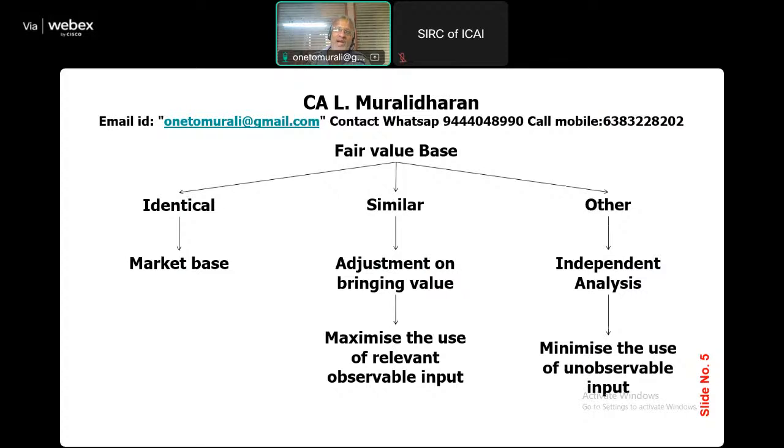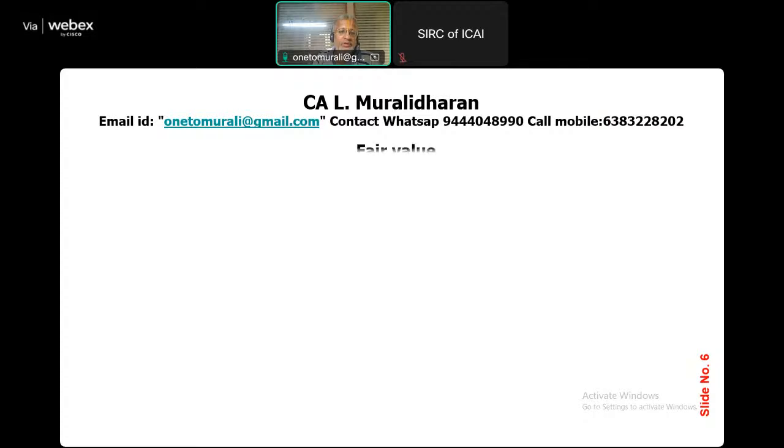Unobservable inputs are where I have to bring in some assumptions. It is not that they prohibit you from using them; they say minimize the use of unobservable input. So for identical, pick up from the market, or in the case of similar, make those changes and try to maximize the use of relevant observable inputs, whereas in the case of others, independent analysis will be the basis and minimize the use of unobservable input.